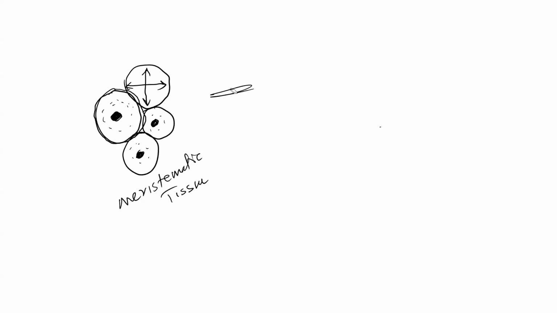So differentiation means finally you're into one thing. But meristematic tissue, later it can become any of the permanent tissues. That is the word undifferentiated. Clear, no? This is the cross section of a meristematic tissue. Let's move to the next one.